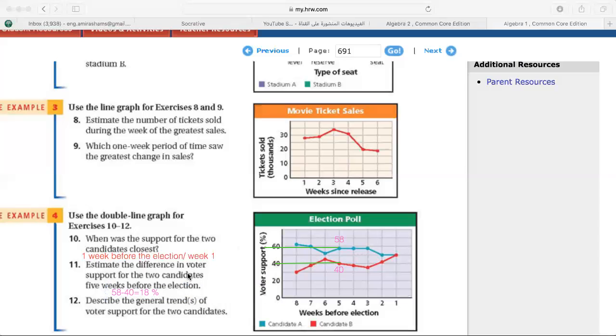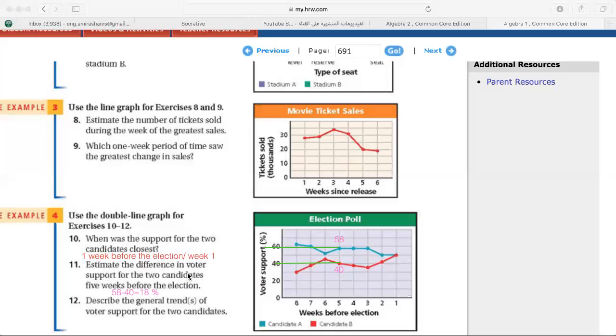12. Describe the general trends of voter support for the two candidates. Okay. As you see here, what do you see? I see that candidate A is always higher than candidate B, because the blue line is always above the red line.